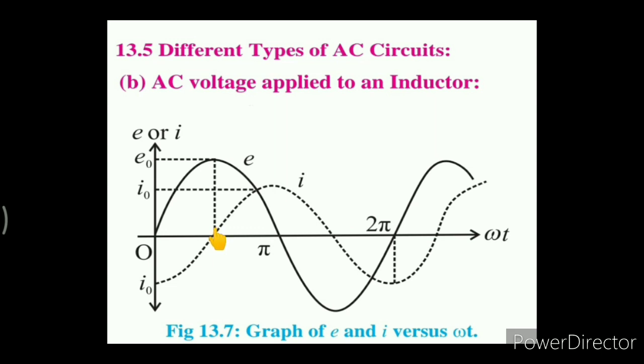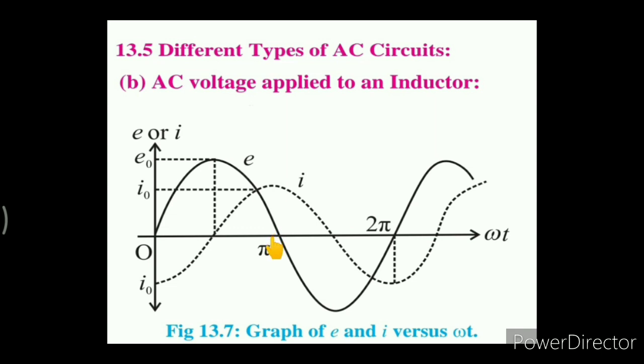That means there is no current flowing in the circuit. But when we get the maximum value of the current, that is I0, the peak value of the current, for the angle omega t equal to pi, at this time the instantaneous voltage becomes 0.